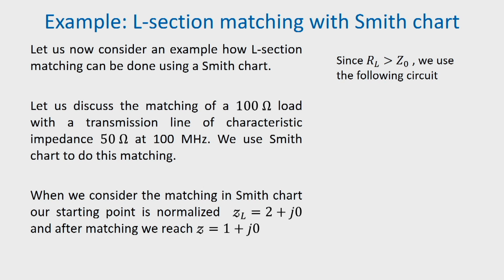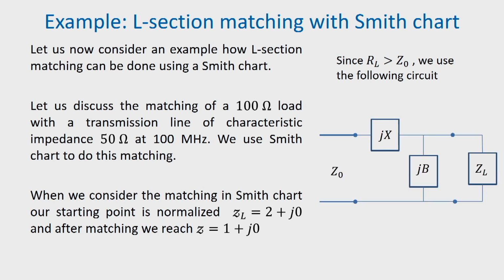So, in our case, since R L is greater than Z naught, we use the following circuit, where we have this shunt element jB connected to ZL first, and then the series element jX connected, and this L section network will match this load ZL with Z naught.